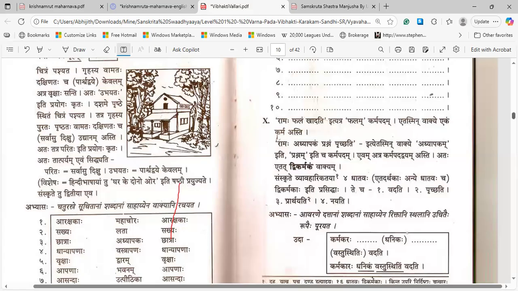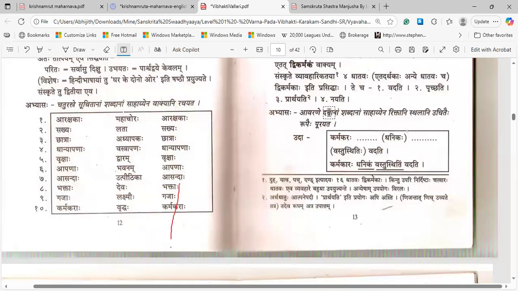In the Avarane, dattanam shabdanam sahayena riktani sthalani uchitaihi rupaihi purayata. They have given karma karaha and two blanks: dhanikaha, vastusthitihi, vadati.